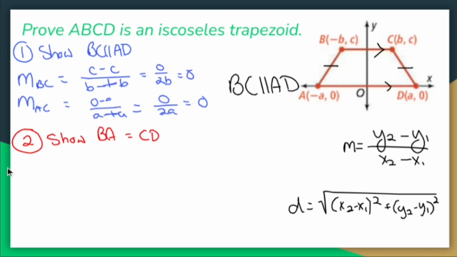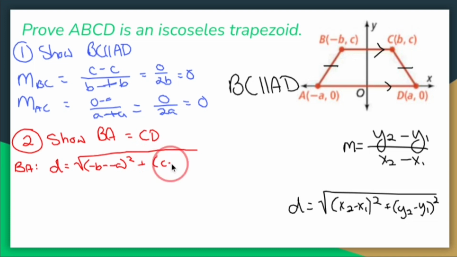Let's start out with BA and show that the distance of BA is a big square root of, let's let B be my 2's and A be my 1's. So negative b minus negative a squared, plus c minus 0 squared.